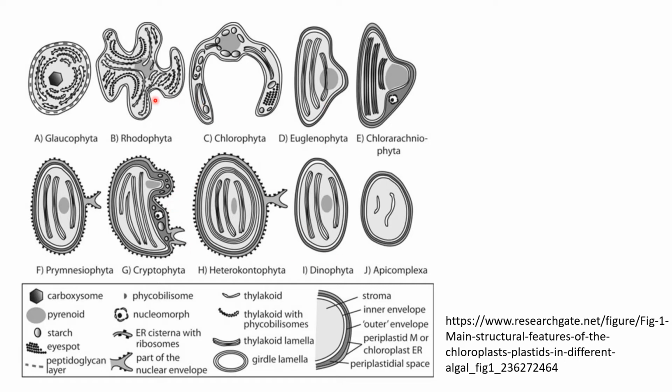So mapapansin nyo, itong glaucophyta, as you can see, meron siyang thylakoid. So if you remember, yung thylakoid, present din siya sa cyanobacteria. And aside from the thylakoid, meron siyang peptidoglycan layer, this one. Okay?